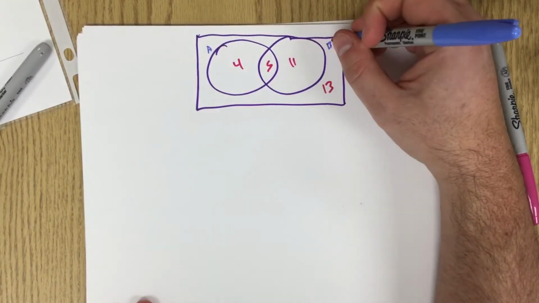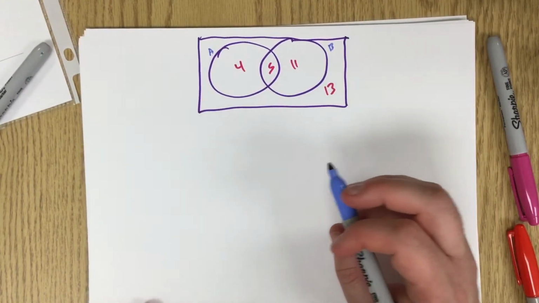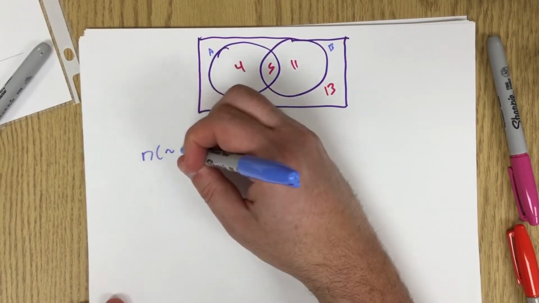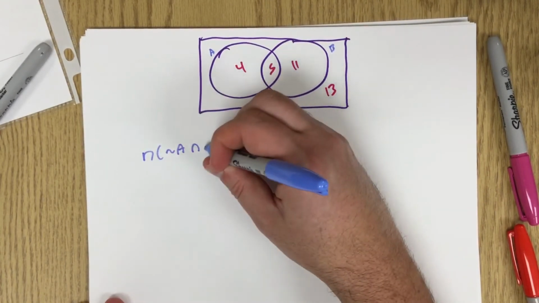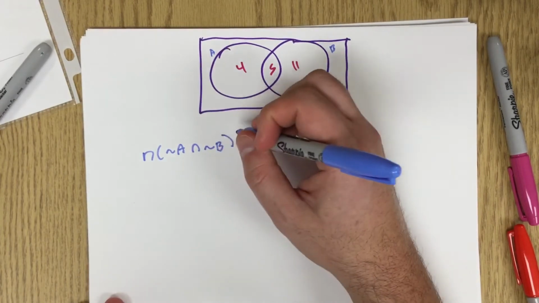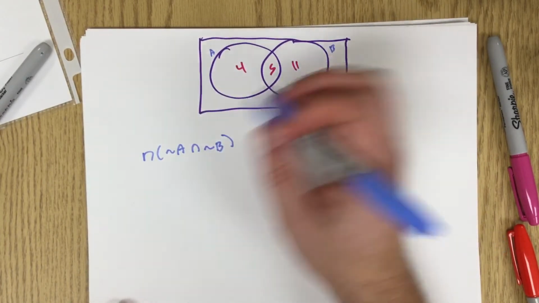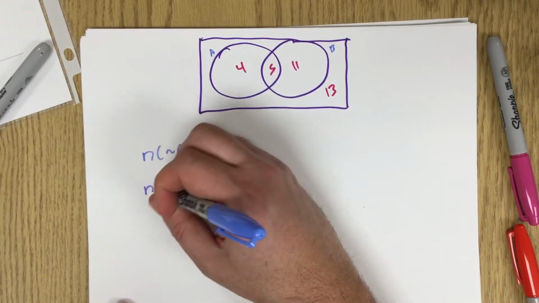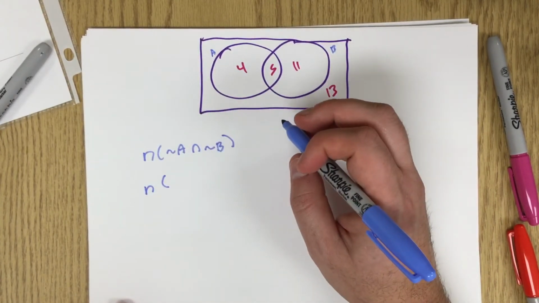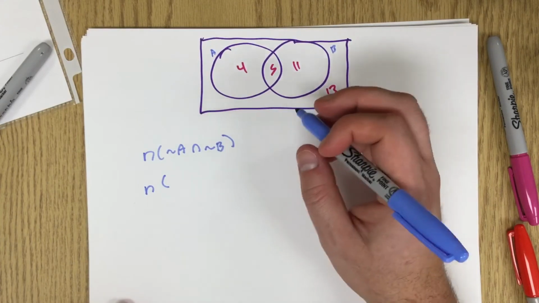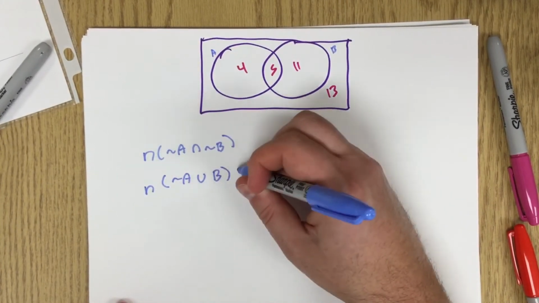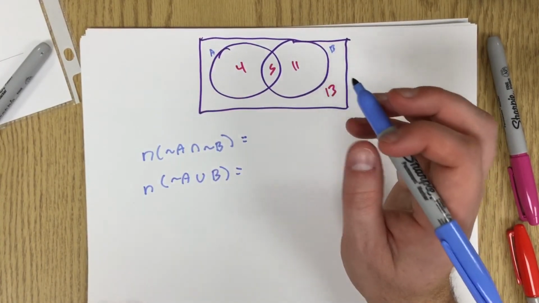It's A and B. So what we want to know is how many are in not A and not B. And how many are in not A or B?